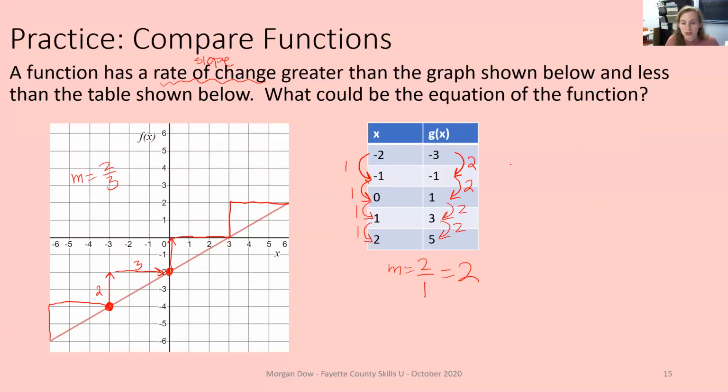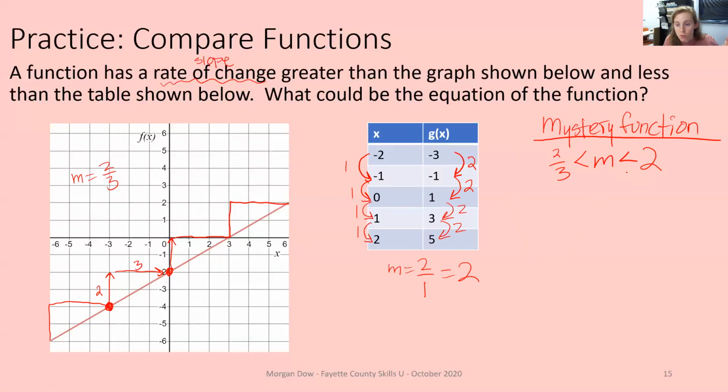So our mystery function, we don't really know too much about. We know that the slope of this mystery function is in between 2/3 and 2. So it's greater than 2/3 and it's less than 2.